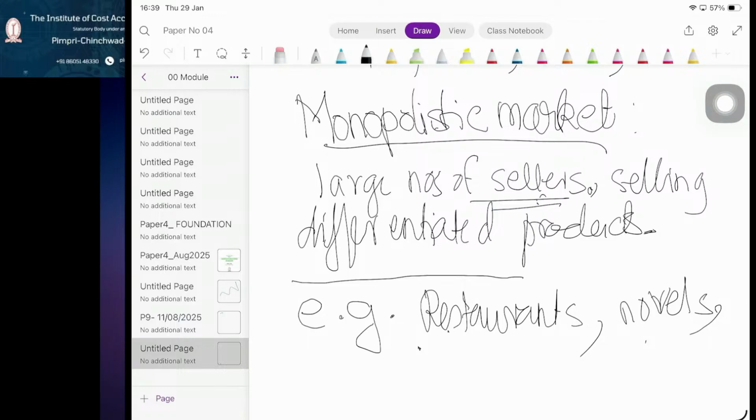Yes, that also has a huge number of options and varieties available. Clothing, okay, apparel. Right. Anybody can think of another example? Restaurant, novels, apparels.